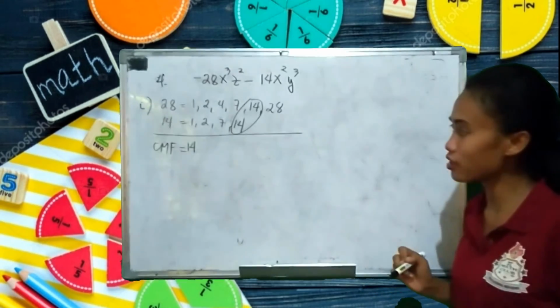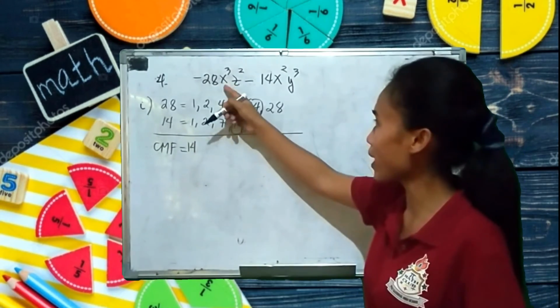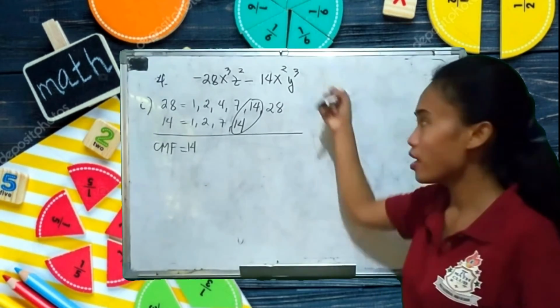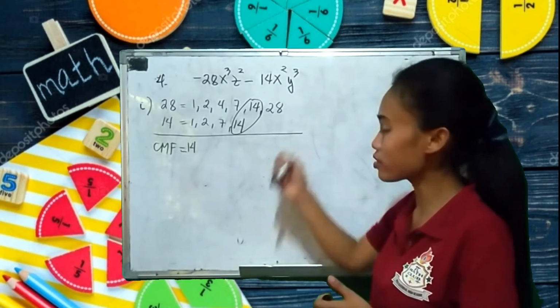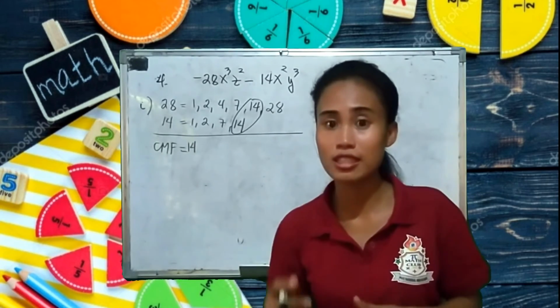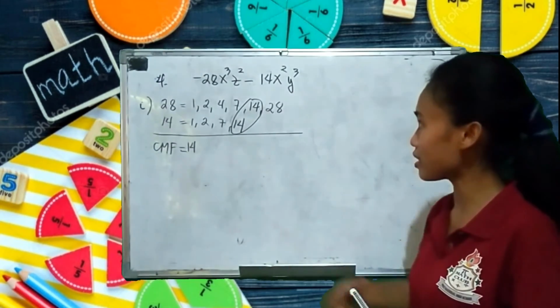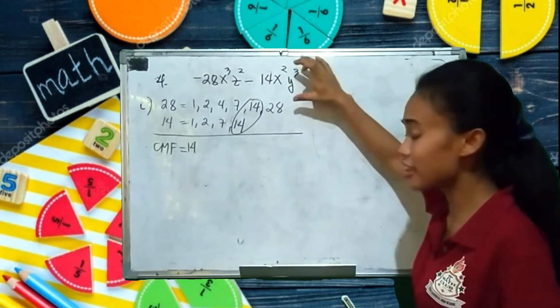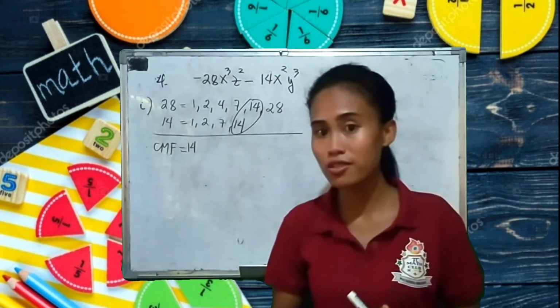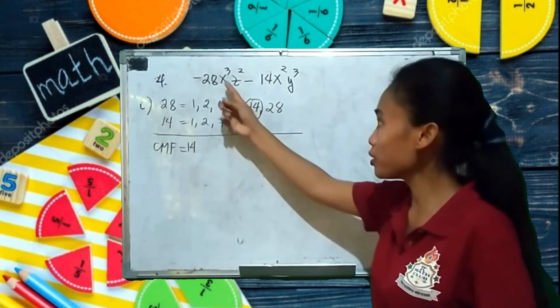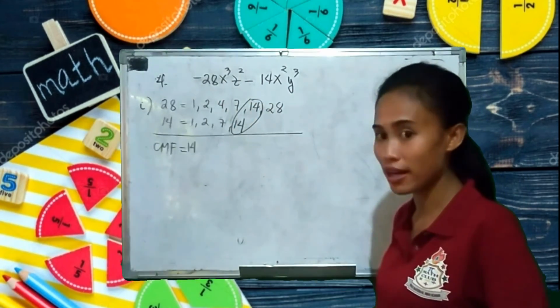And for the literal coefficients, we have your x cubed, z squared, and your x squared, y cubed. So in here, we're going to consider the variable that is common to both the terms. So as you can see, z is not present in here. So z cannot be considered a common factor. So with your y, only x is considered a common factor.